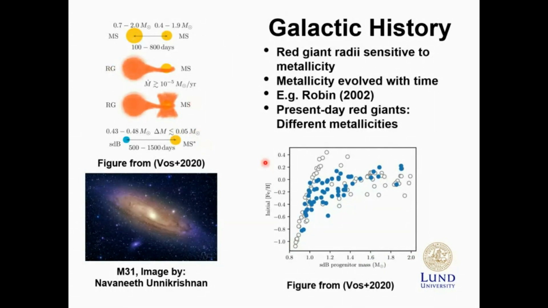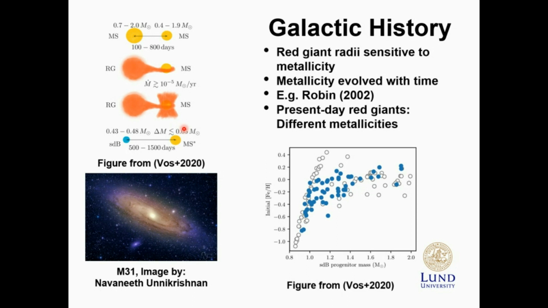Physically, that is simply because iron, or metals generally, make the envelopes of stars opaque, and when the envelopes are opaque, they have a harder time propagating radiation out of the cores, and so the convective motions in these more metal-rich red giants become more vigorous, and the red giants eventually become just larger.